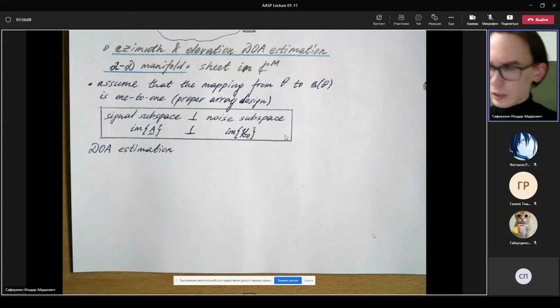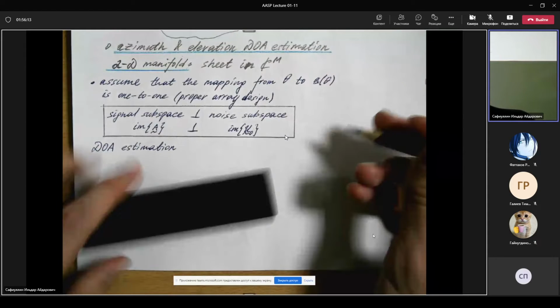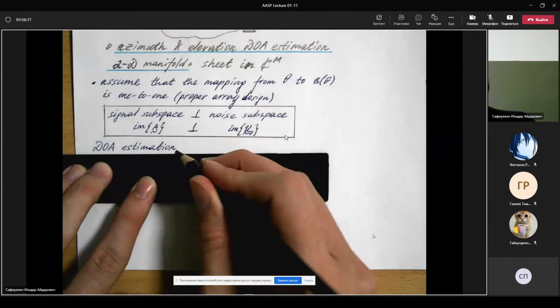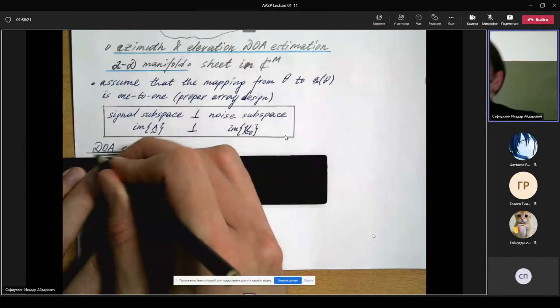I'll put two underlines here. One and two.